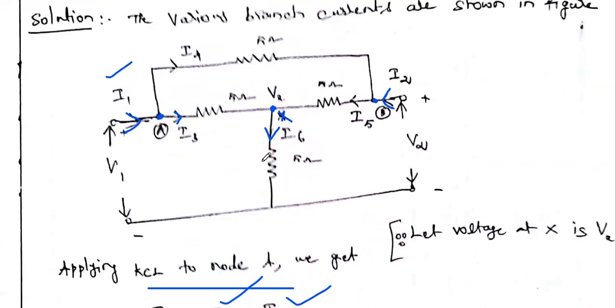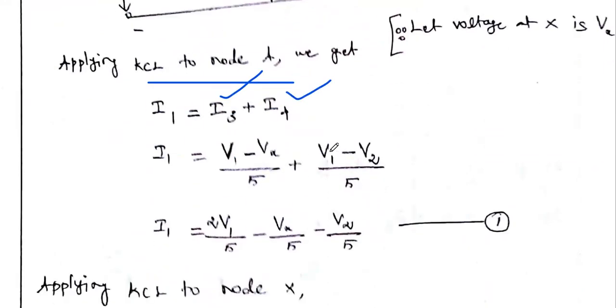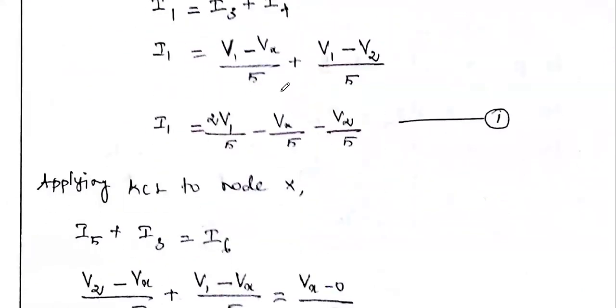Similarly, I4 is the current flowing through this 5 ohm resistor. The starting node is V1 and the ending node is V2, so I4 is V1 minus V2 divided by 5. Here you see the I1 equation in terms of V1, Vx and V2, but we want V1 and V2 only.